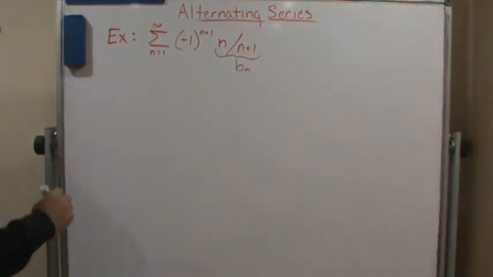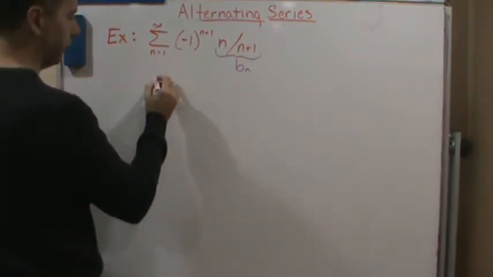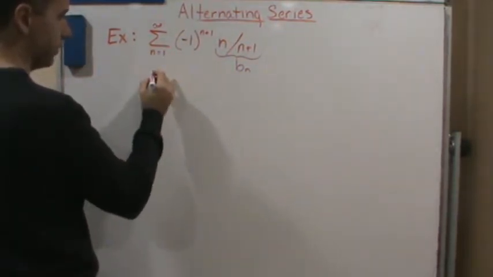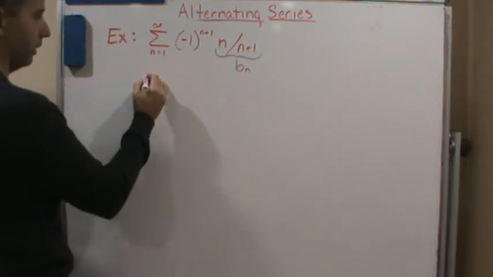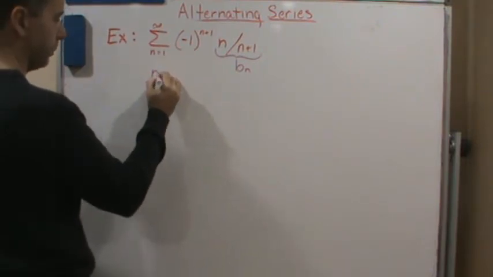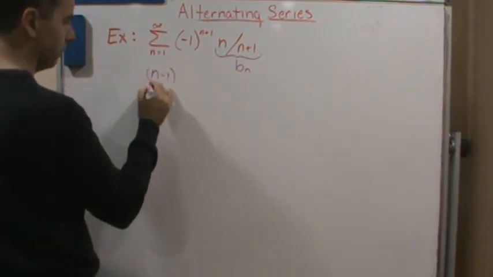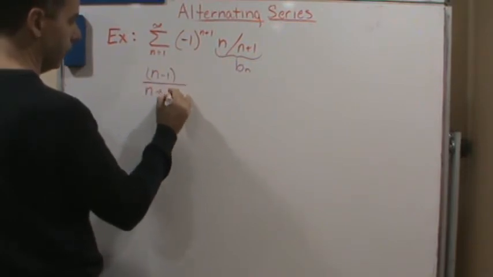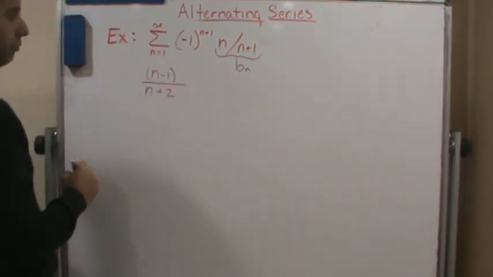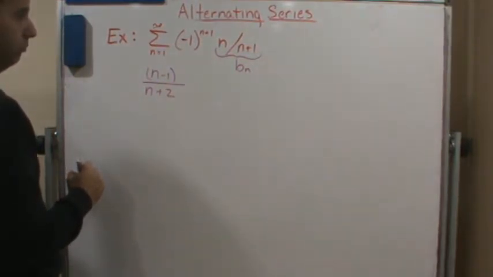Now, here, if we look at the sequence of terms of b sub n, we get n plus 1 over n plus 2, right?